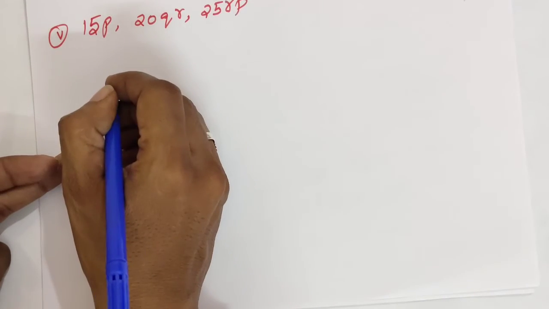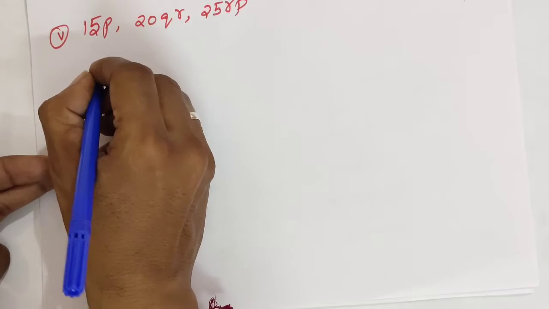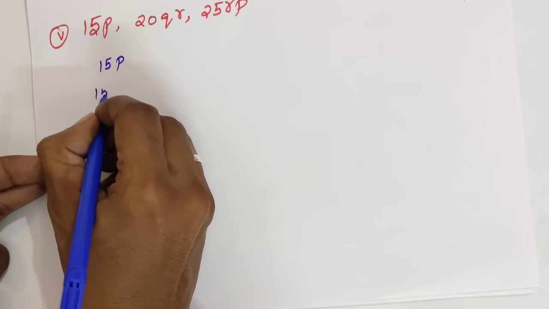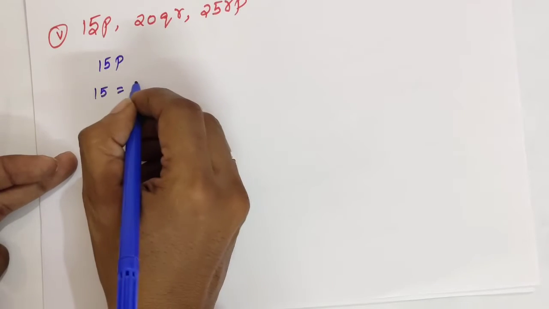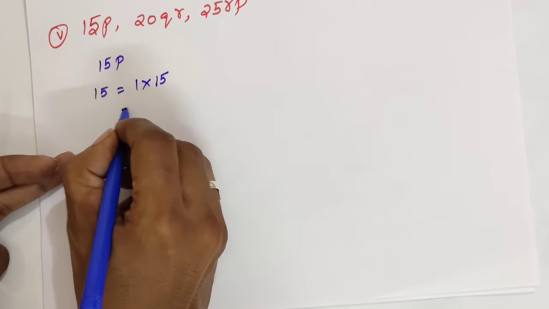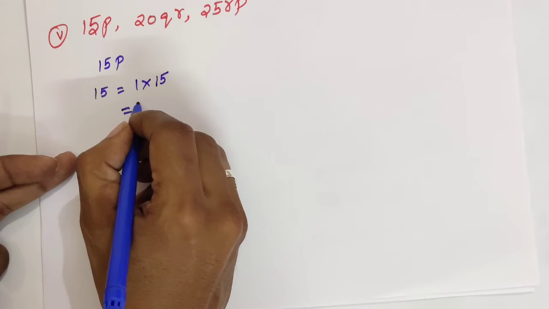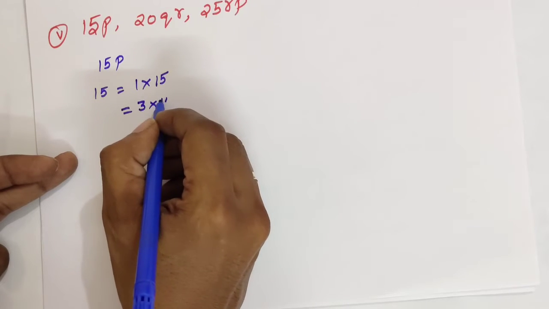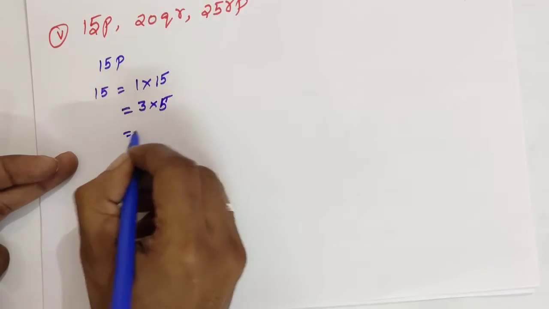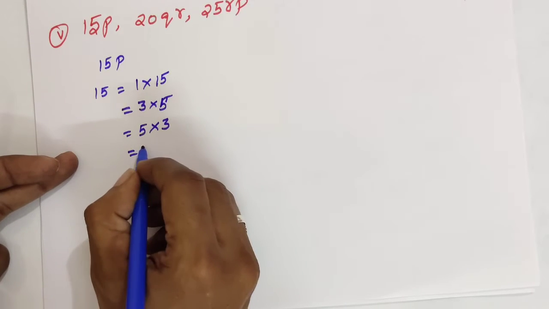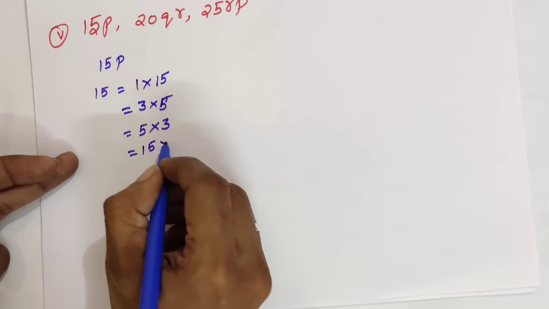Now see this 15p. Take 15 separately. Start with the 1 table, 1 15, and again 15 goes by the 3 table, 3 5s, again by the 5 table, 5 3s, and simply you can write 15 table, 15 1.